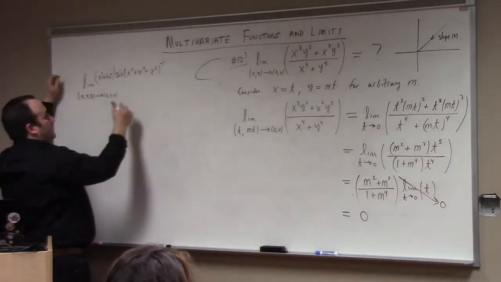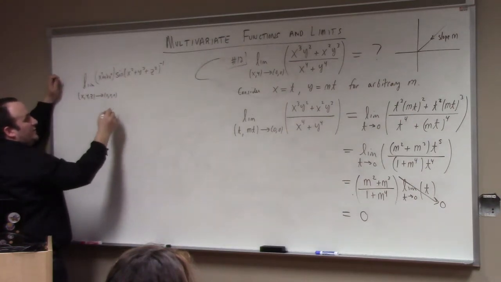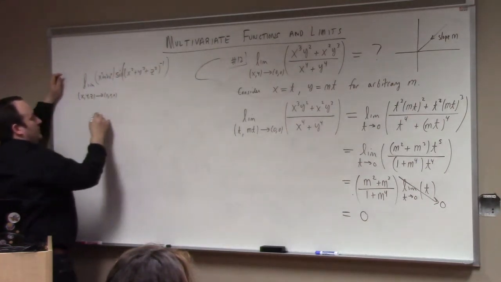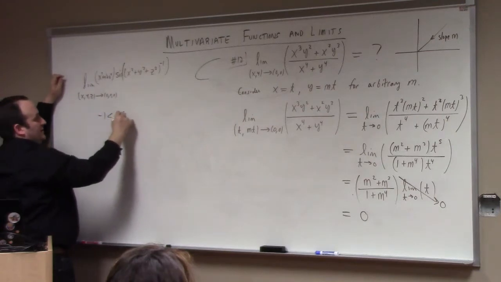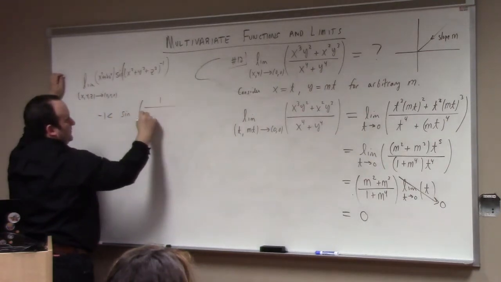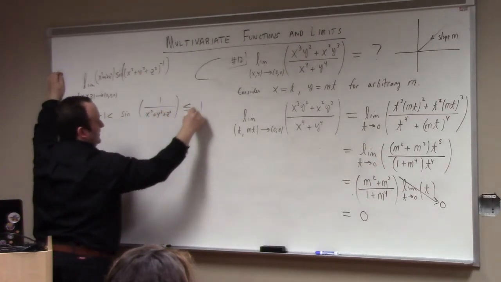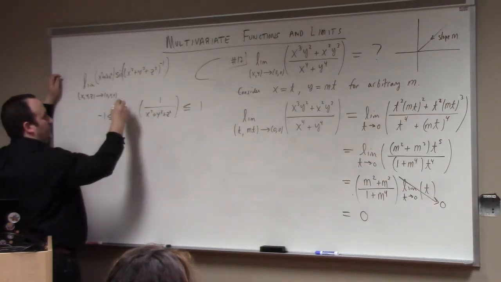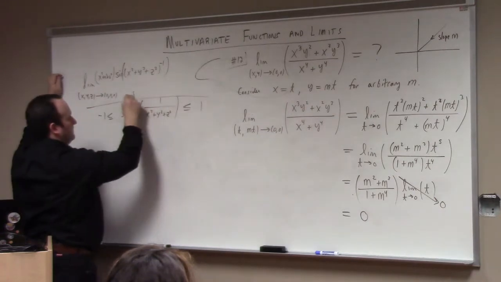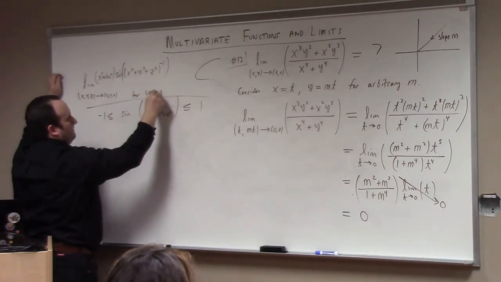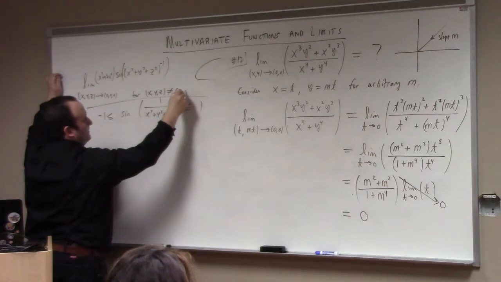So with the squeeze theorem, what you do is you go, well, no problem. Minus 1 is less than or equal to the sine of 1 over x squared plus y squared plus z squared, which is less than or equal to 1. That's for (x,y,z) not equal to the limit point.